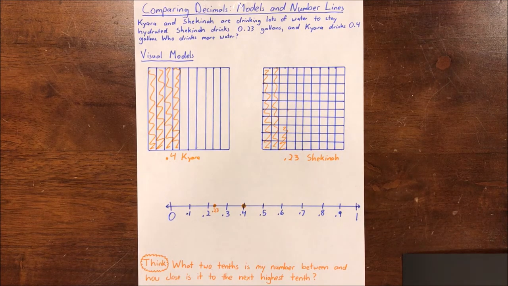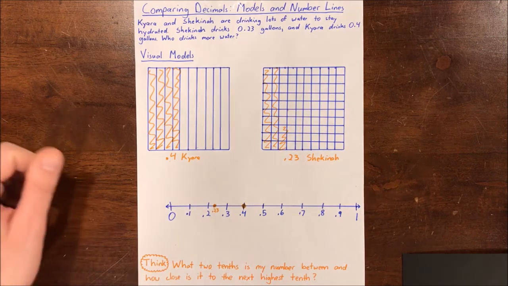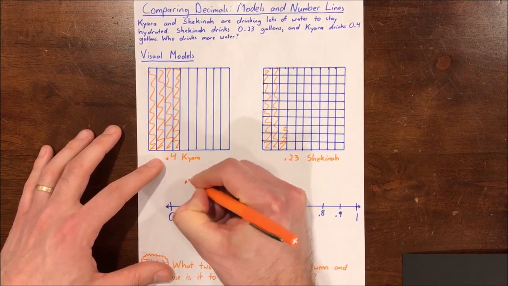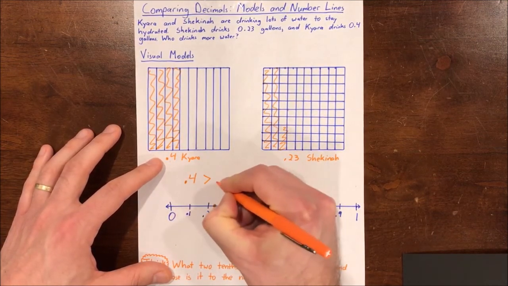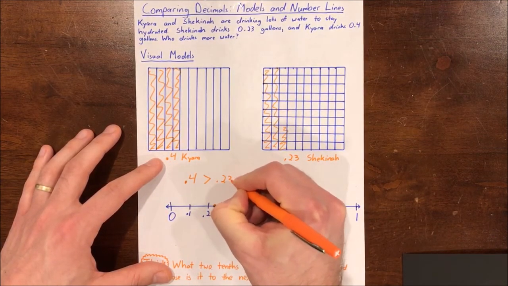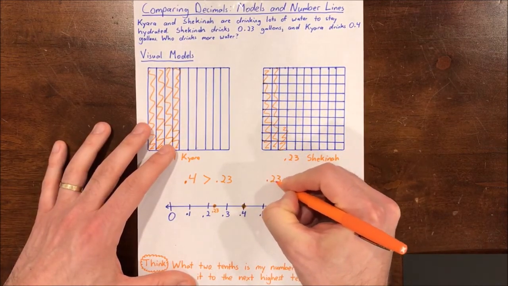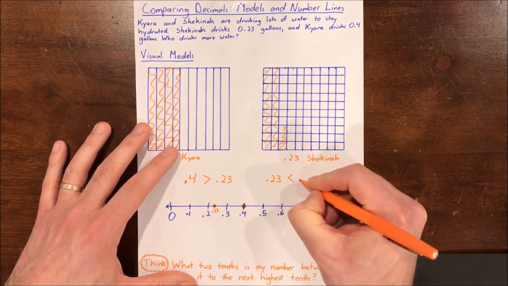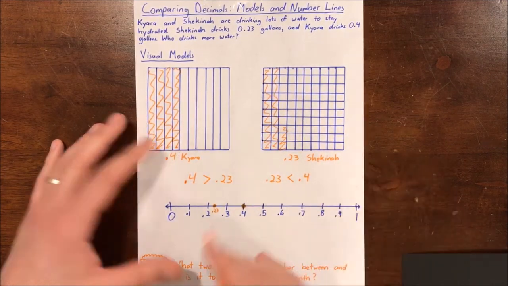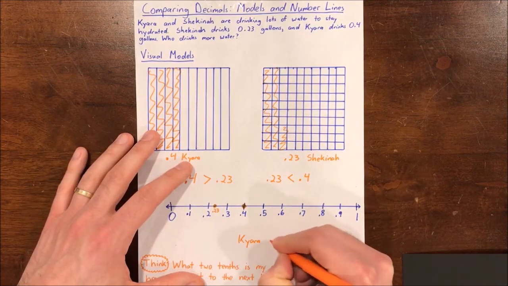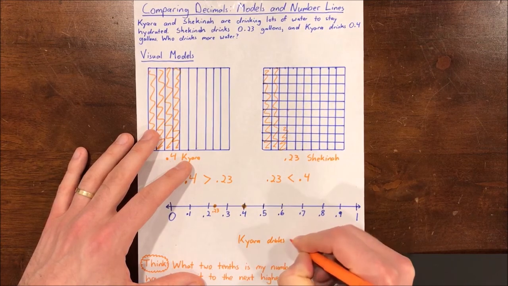Say them out loud. Sure, we could say 4/10 is greater than 23 hundredths. We could also say 23 hundredths is less than 4/10. Either way you slice it, Kiara drinks more water.